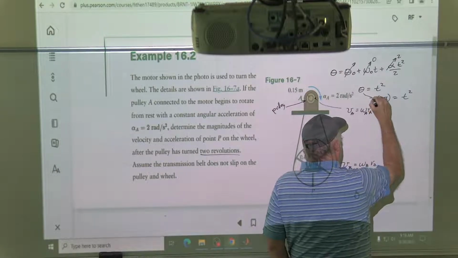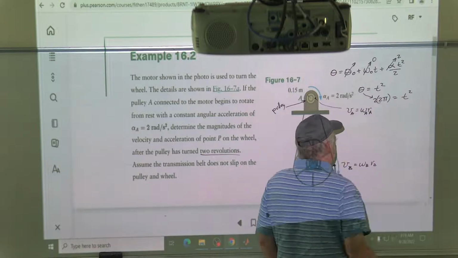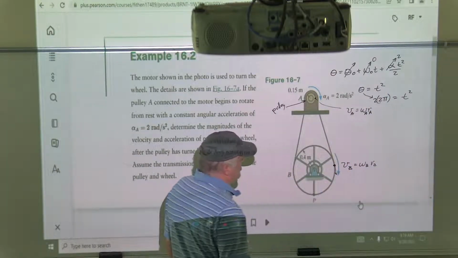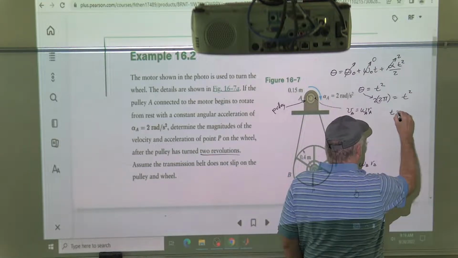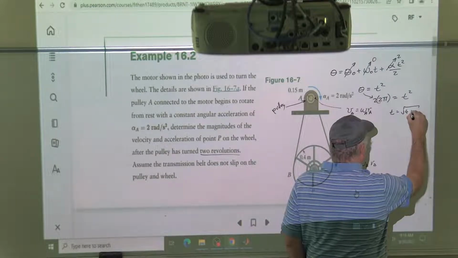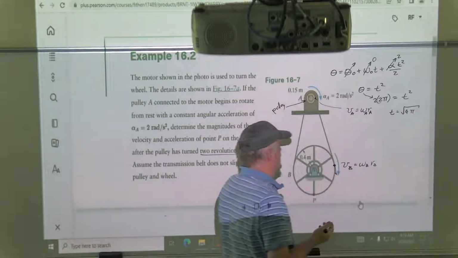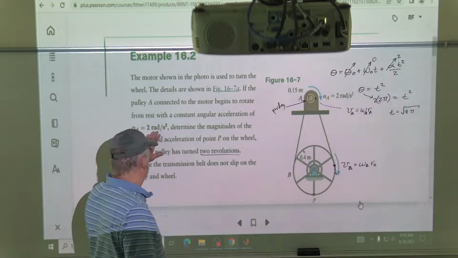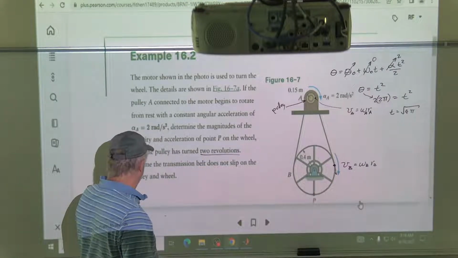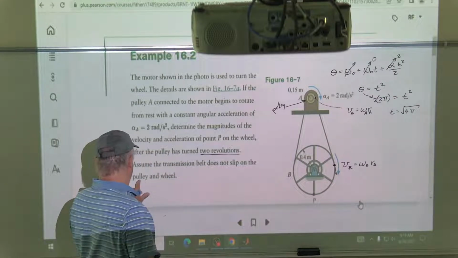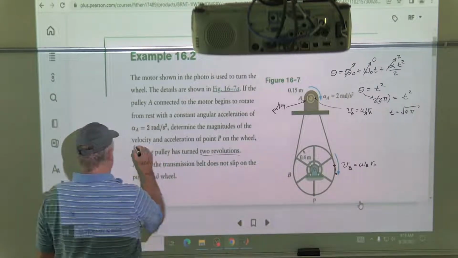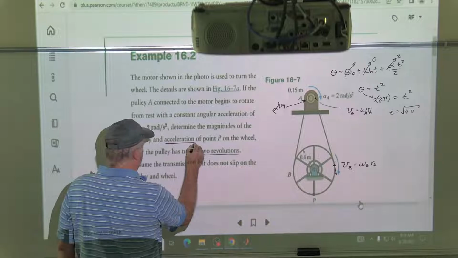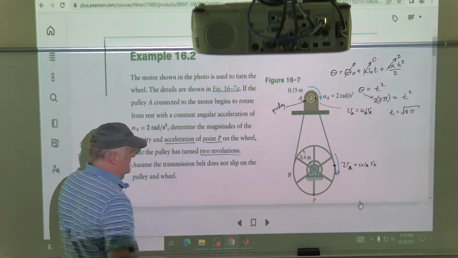So this is after it went through 2 revolutions. That's what t would be, the square root of 4 pi. And so it went through 2 revolutions there. The next thing is, he wants to know the velocity and the acceleration of point P.